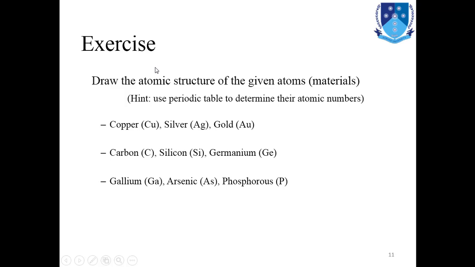As an exercise, you have to draw the atomic structure of some atoms or materials.